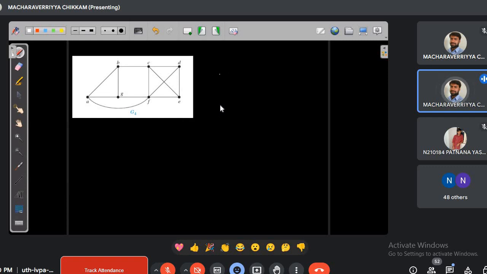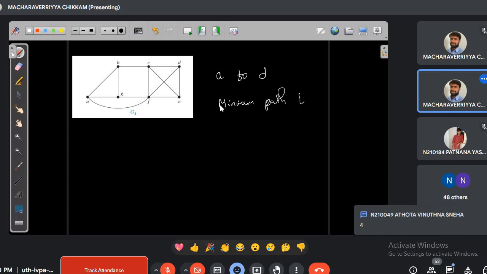Now I'm taking a path from A to D. So now what is the minimum path length from A to D?